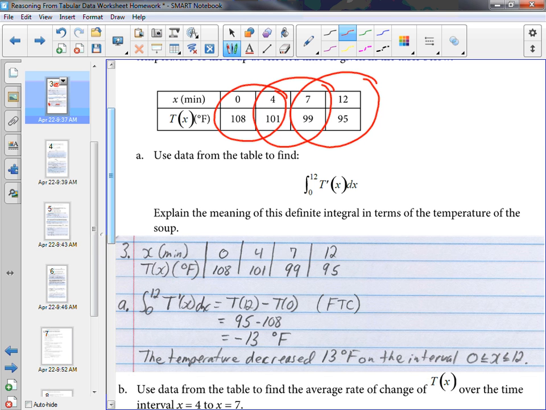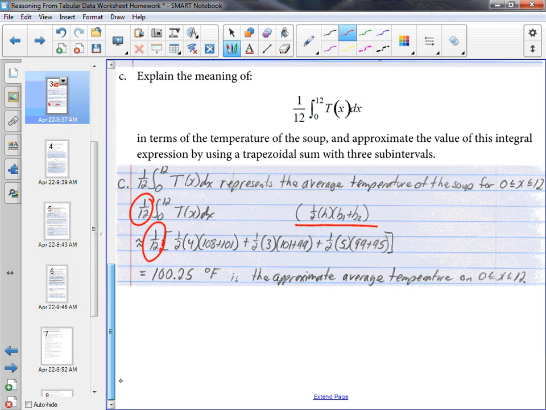So first, approximate the integral from 0 to 4. Remember how the height of the trapezoid is actually horizontal?